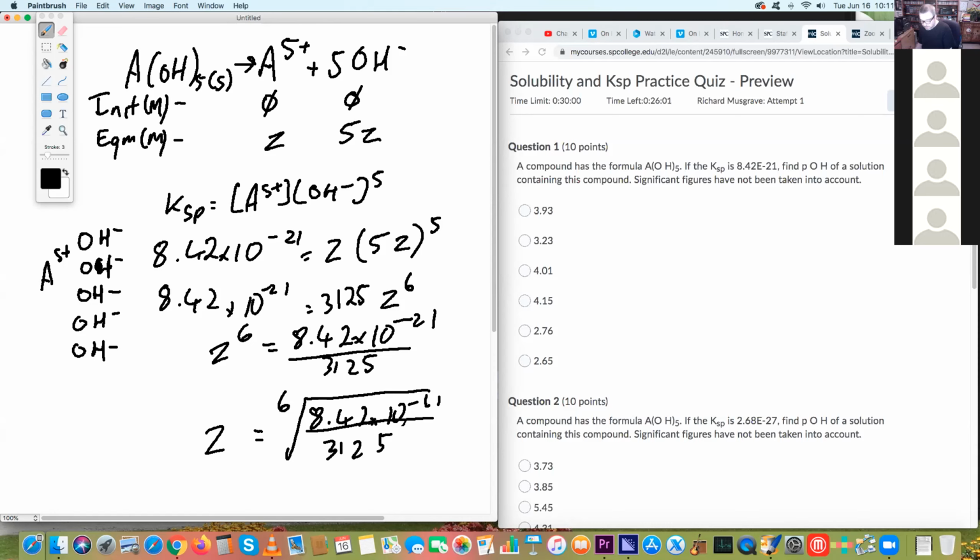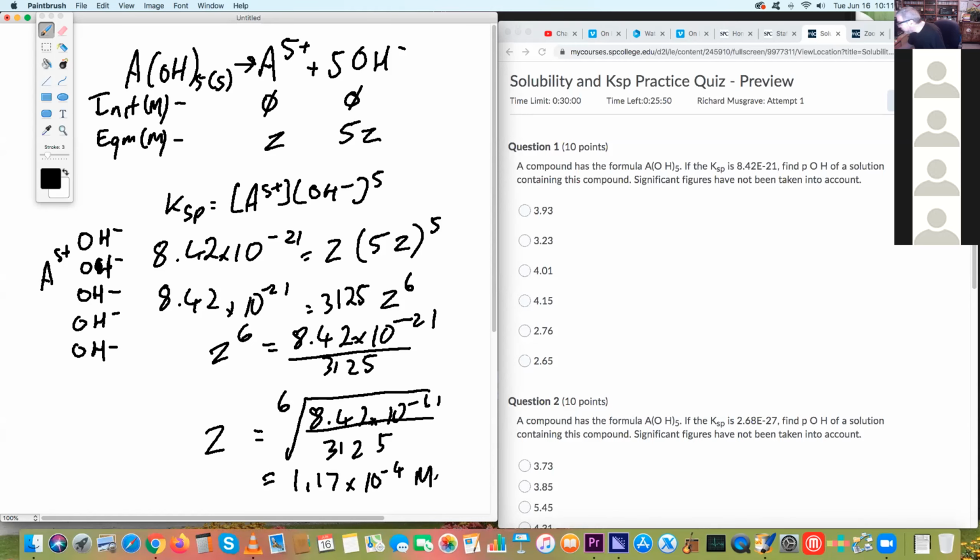And I get 1.17 times 10 to the negative 4, the Z. Anybody have any questions? Seems about right. Let's see, negative 21, sorry. Anybody got any questions so far?